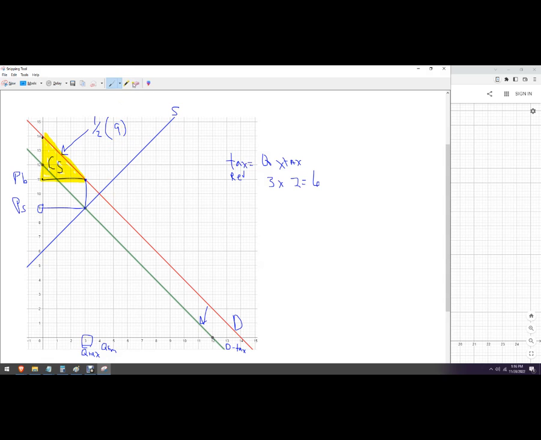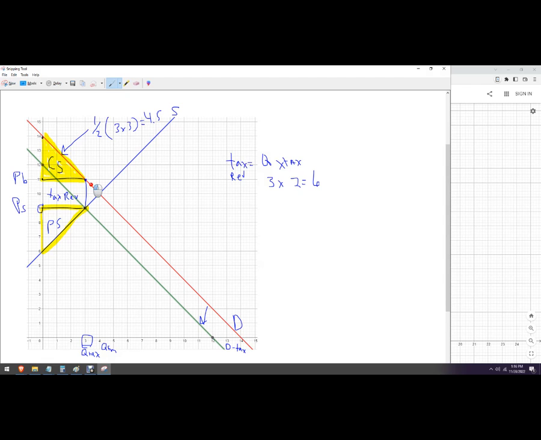I guess if you were writing it out, I could write out the whole thing. 3 times 3. And that would be 4.5. 4.5 is the consumer surplus. The producer surplus is actually the same thing. So it would be down here. And that's the same number, so I'm not going to write it again. And then this would be the tax revenue.